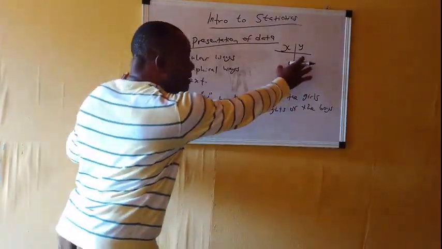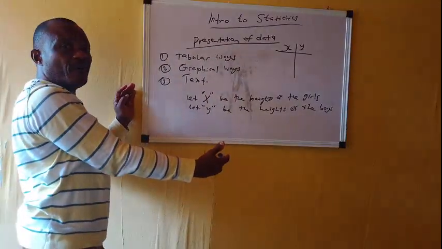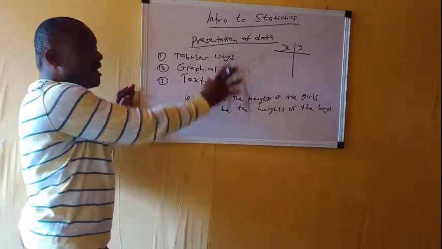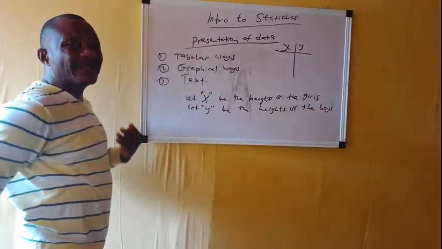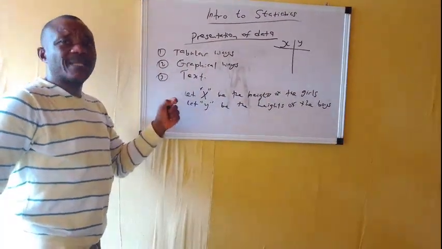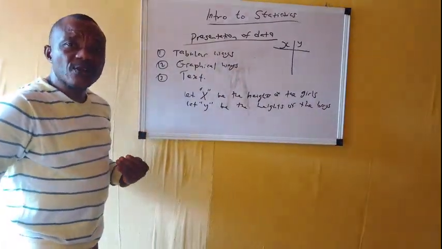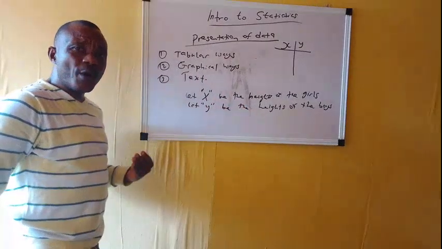So now you have a table of the height of the girls and the height of the boys, and you record them. Then by the time you start analyzing the data in that table, you can calculate, for instance, the mean height of the girls, the mean height of the boys, and so on.